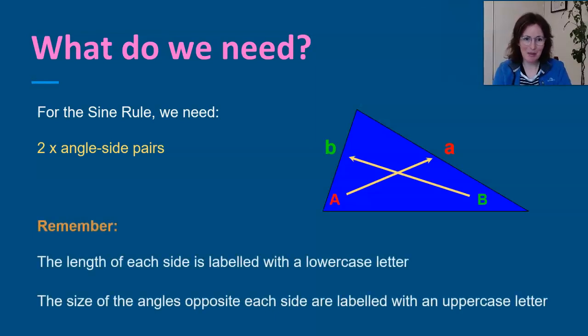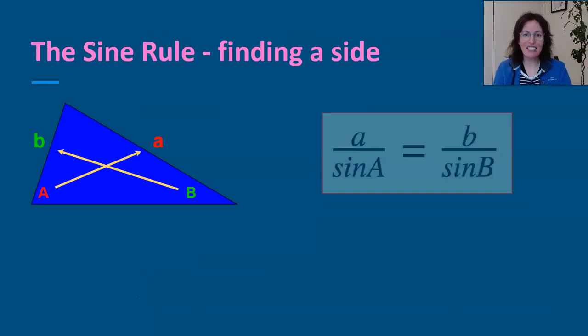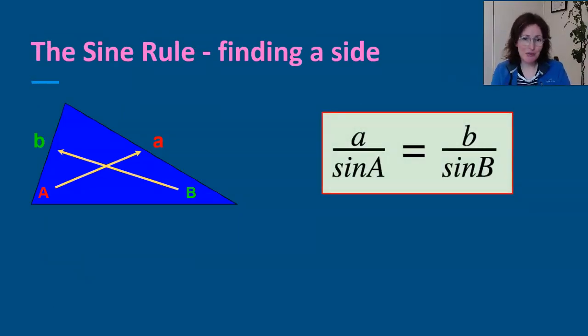So here's the other example. Do remember that we do the side lengths in lowercase letters of the alphabet, and the size of the angles we use uppercase, and they're always the matching one. As you can see here, capital B and lowercase b will use the same. So finding a side, here is the sine rule, noticing what's where. We've got at the top of the fraction on the left-hand side, a side over an angle, and it's the corresponding one, its pair, if you like.